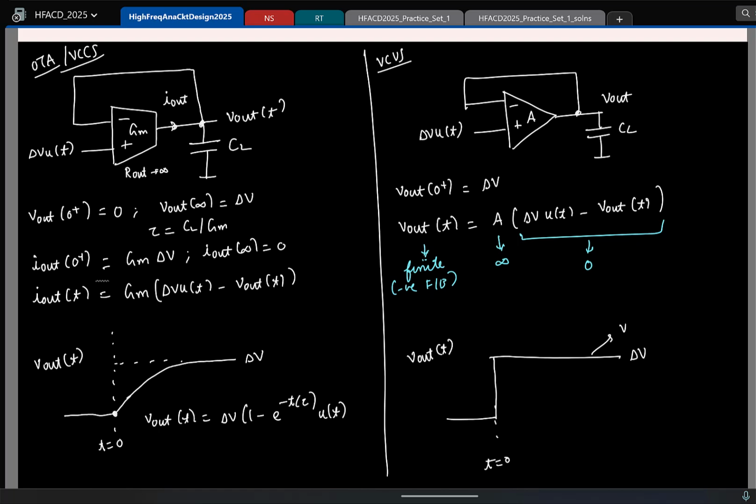This is what will happen if you have a VCVS, but when you have a VCCS, it exponentially charges with a time constant of CL by GM. So this is one main difference between using a VCVS and a VCCS.